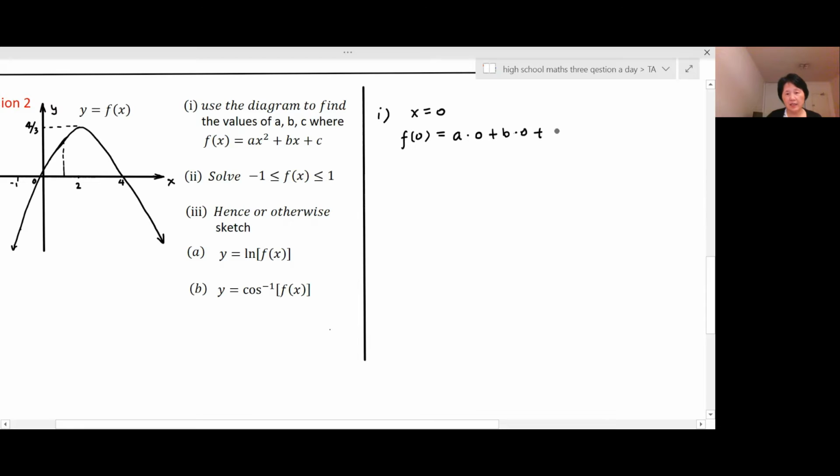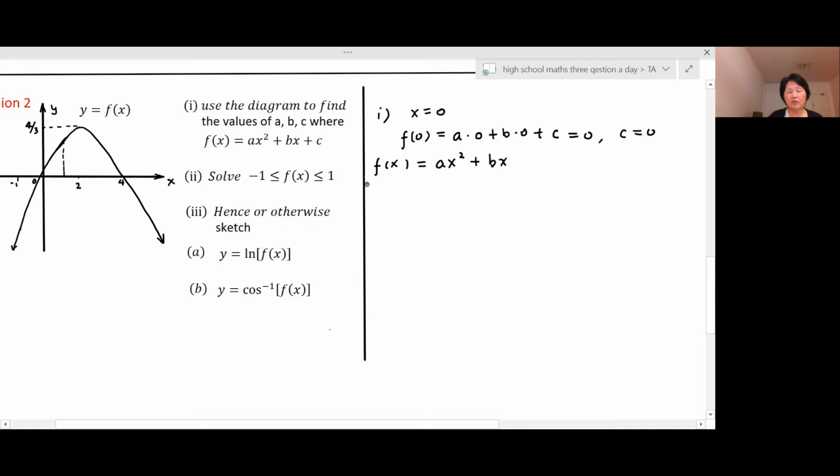Then plus c. Because we know that when x equals 0 the y value is 0, so c must be equal to 0. I write f(x) again: f(x) equals ax squared plus bx, c is 0, I don't want it.